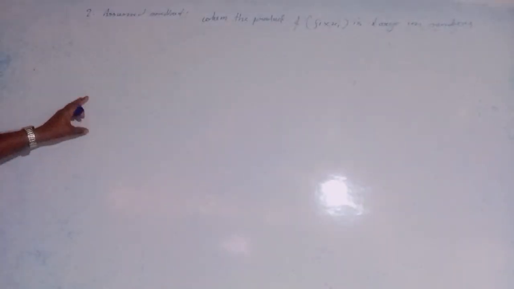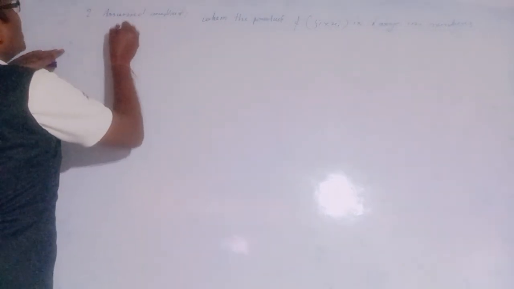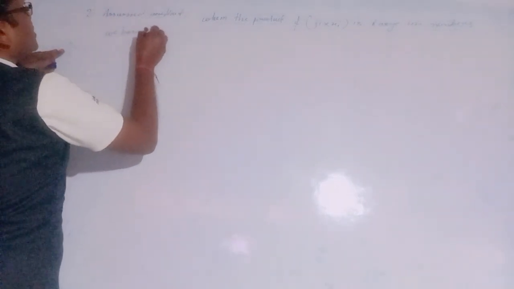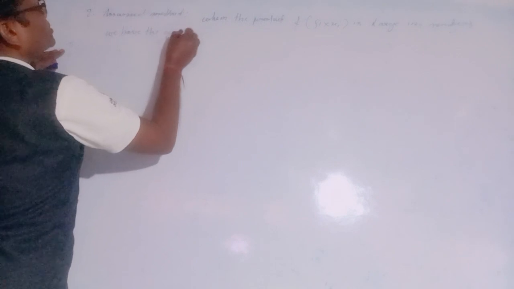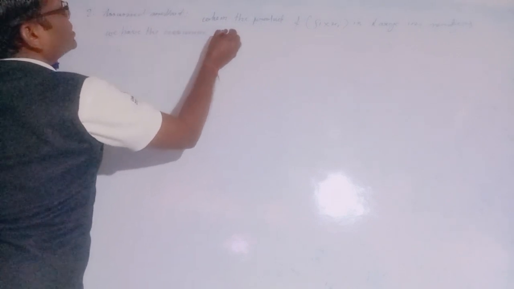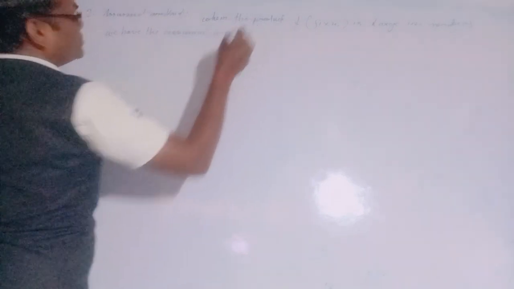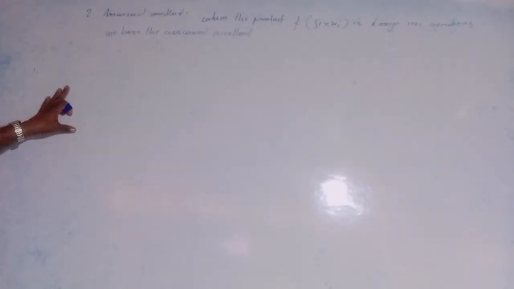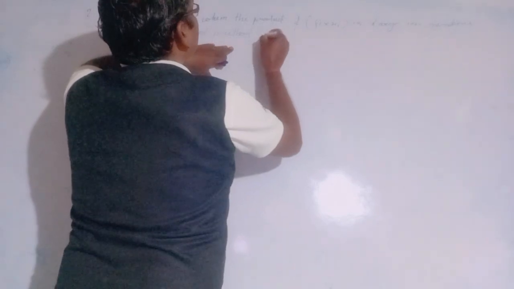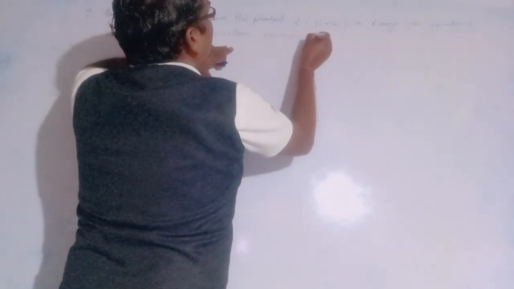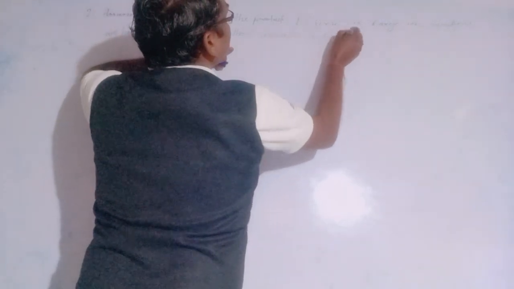Large numbers means that we use the assumed mean method.